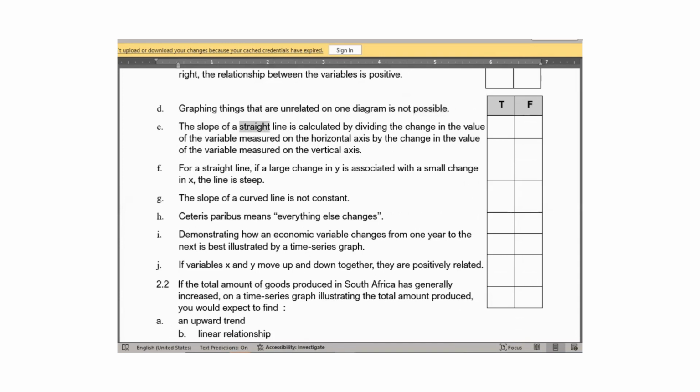The slope of a straight line is calculated by dividing the change in the value of the variable measured on the horizontal axis by the change in the value of the variable measured on the vertical axis. For a straight line, if a large change in y is associated with a small change in x, the line is steep. The slope of a curved line is not constant.